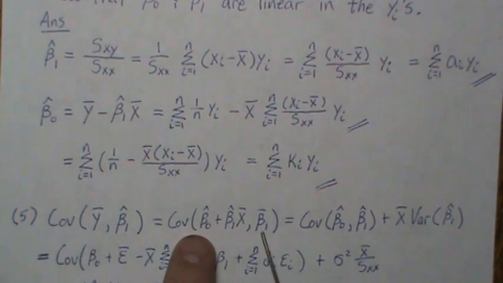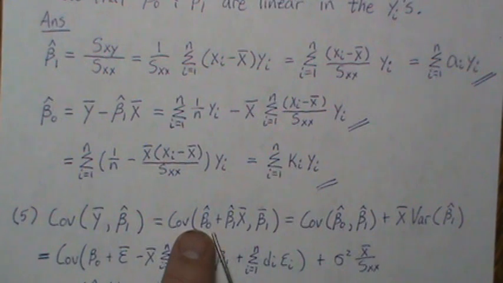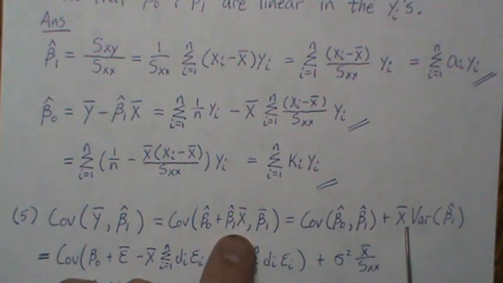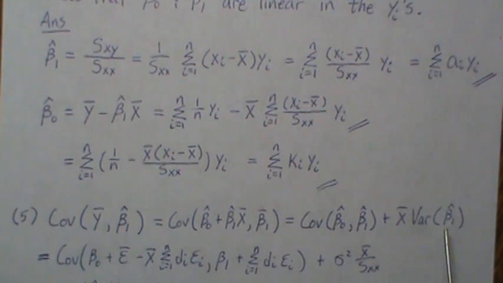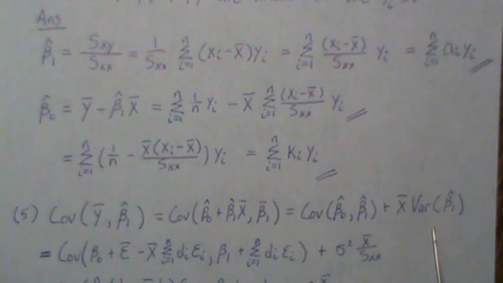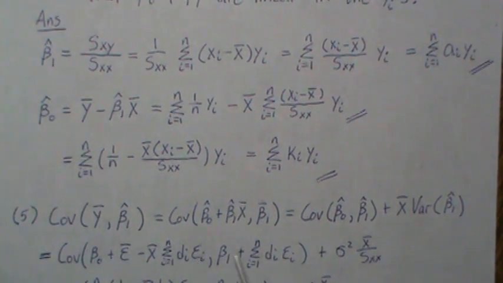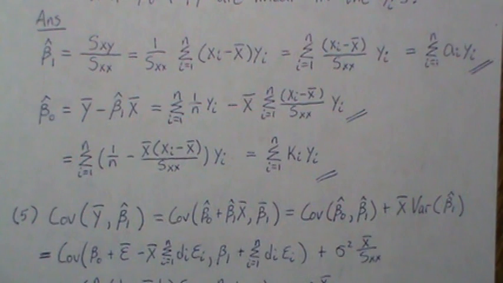So now the covariance is, you take the covariance of this and the covariance of that. So that's what this piece is. And then the x bar comes out, and the covariance of beta 1 hat and beta 1 hat is really just the variance. So we write that. Now beta naught hat was this right here from property 1. Beta 1 hat was this, and of course this comes down.